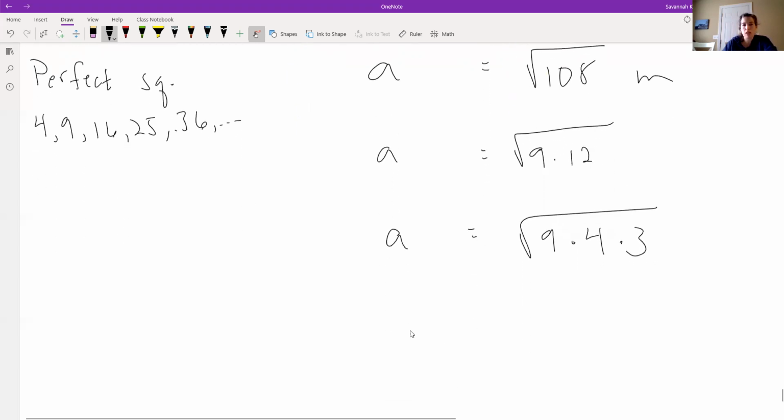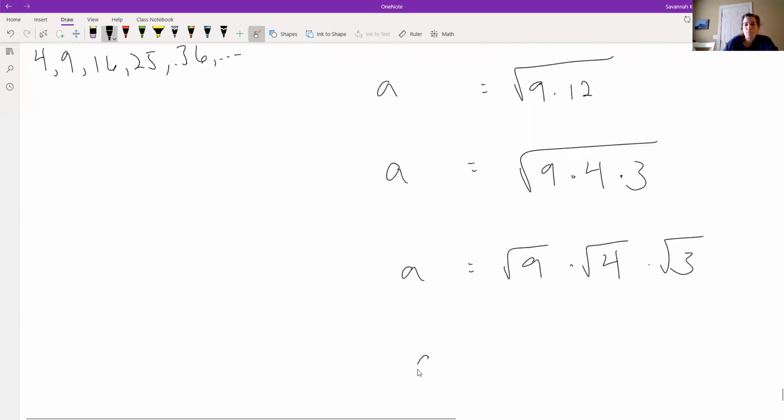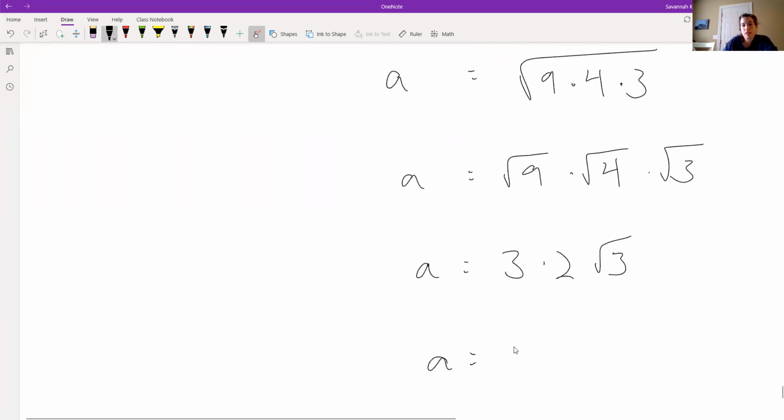The good news for me is that I can still get the right answer as long as I'm careful to recognize that there was still a perfect square hiding inside of my 12. Okay, 3 times 2. So the answer is 6 square root of 3 meters.